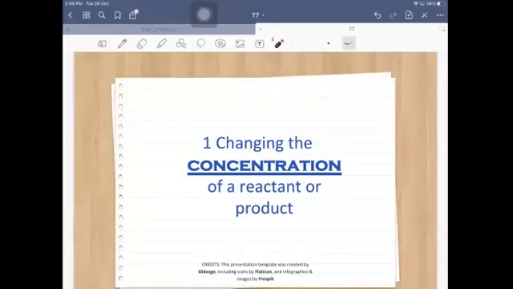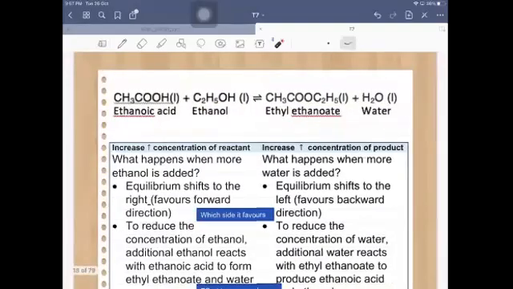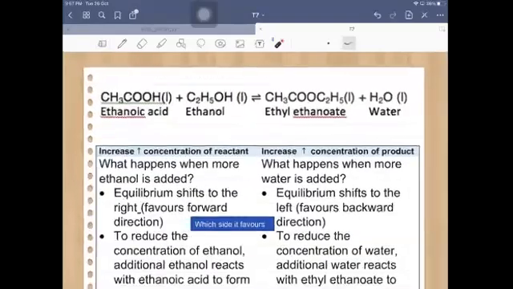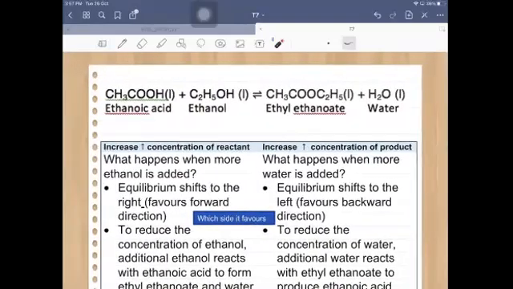Now we're going to look at what happens if we change the concentration of a reactant or product. How is our equilibrium going to adjust, and what role does Le Chatelier's principle play in this change of condition? So I have a system here, a reversible reaction which is currently under dynamic equilibrium. That means my forward reaction, shown going from left to right, is happening at the same rate as my backward reaction, shown from right to left.